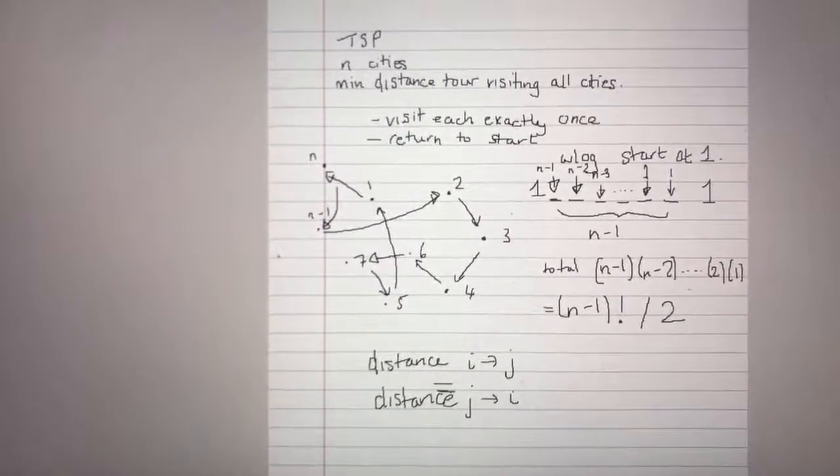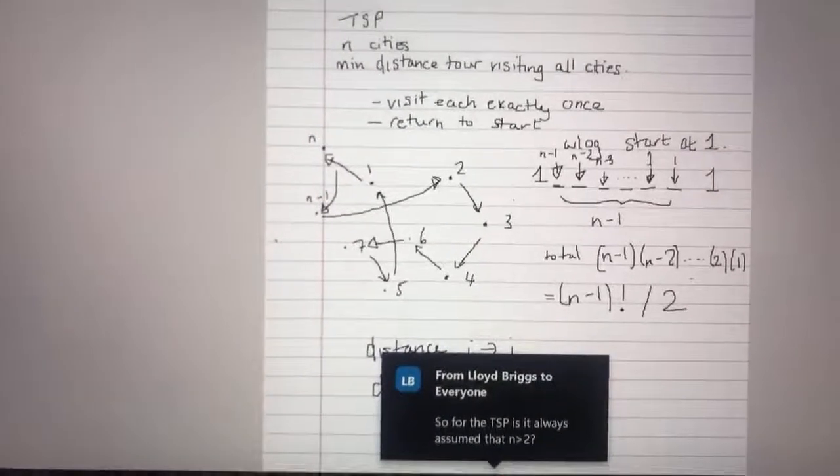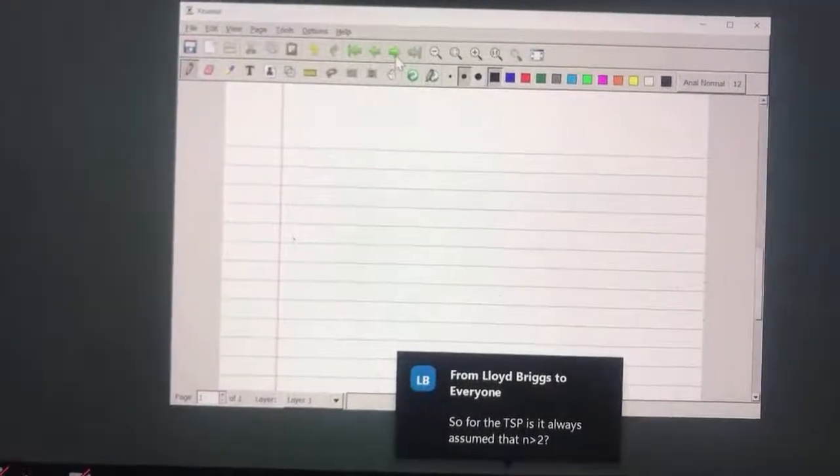Okay, then the next part of the question, why isn't this working? The next part of the question was about the test; it's always assumed that n is greater than 2.